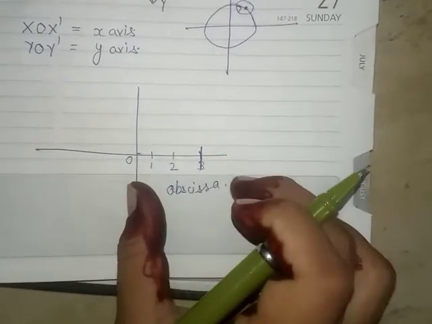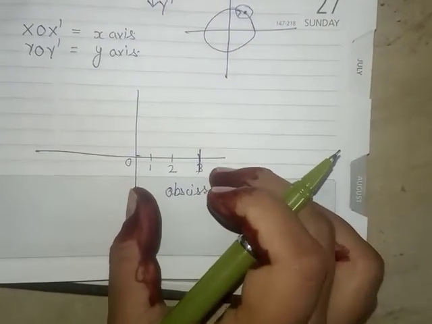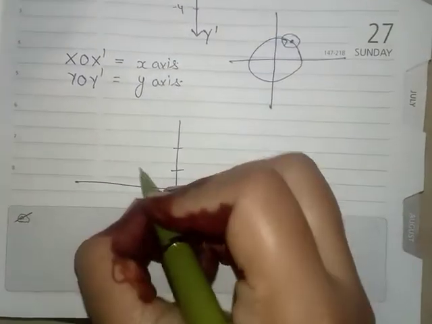The distance on the x-axis is the abscissa, and the distance on the y-axis, if I am moving 2 towards y, is known as ordinate.